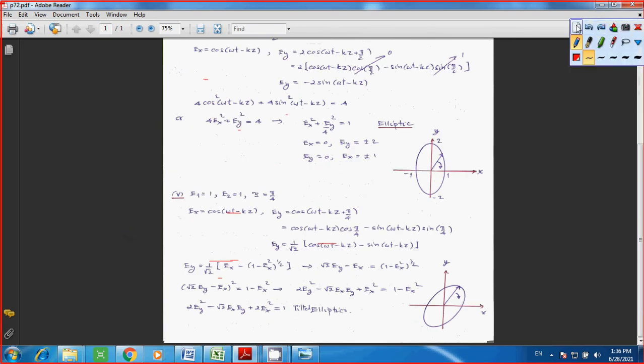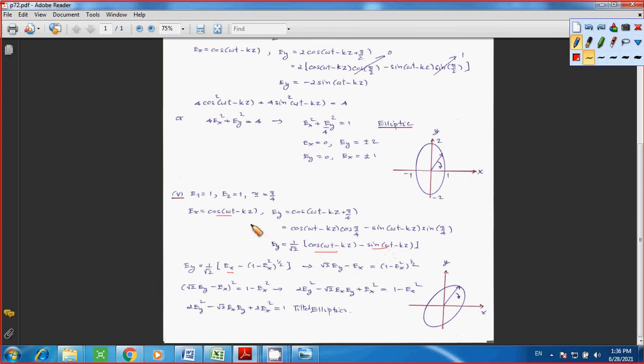Last one. E1 equal to 1, E2 equal to 1, psi equal to pi over 4. So you expand this term. We end up with EY equal to 1 over square root 2, because the cosine pi over 4 is equal to 1 over square root 2, and that's also equal to sine pi over 4. And then cosine(omega t minus kz) is actually EX, so that's why I have EX right here.